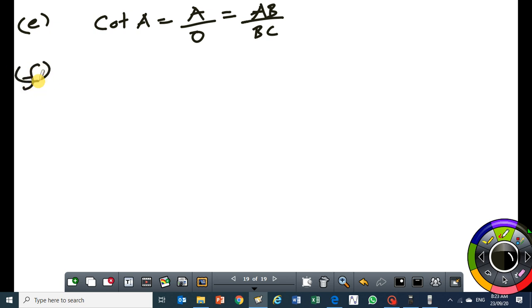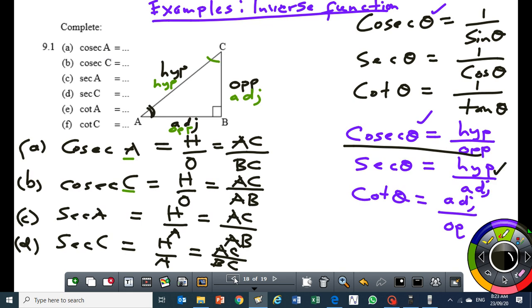Then F, it's cot C. Cot C is also adjacent over opposite, but both the adjacent and the opposite are going to be different compared to when the reference angle is A. So cot C is that, this is the opposite side, that's the adjacent, so it will be BC over AB.